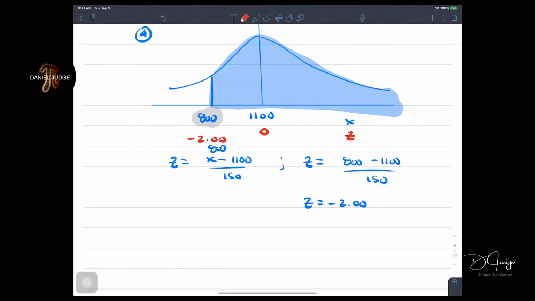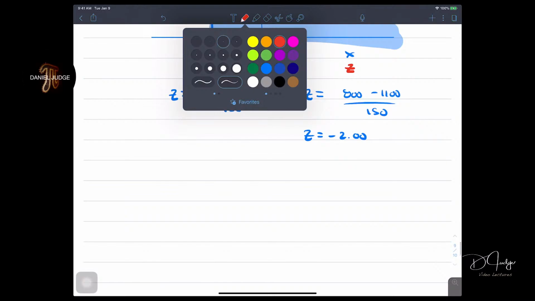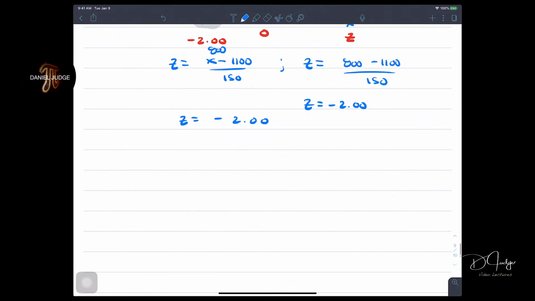Negative 2.00 now. So we're going to use the z table, but remember, this right portion is 50%. We need to get the left portion. So for the z value here of negative 2.00, remember what we do. We have to look at the positive z-score, because we don't have a table with negative z values.